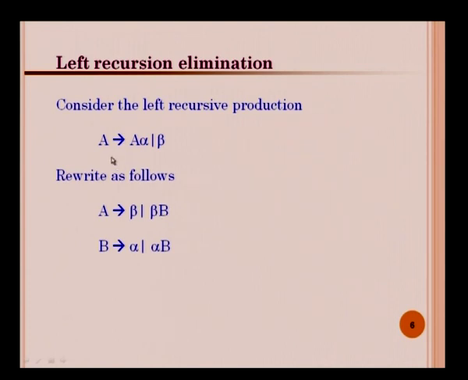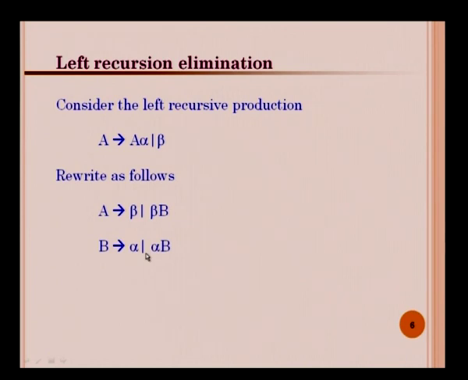So every production of the form A derives A alpha or beta will be rewritten as A derives beta, where beta is a non-left recursive component, which is very important, and followed by beta B, and this B is once again written with alpha or alpha followed by B, which is meant for iteratively generating alpha as many times as we want to have.